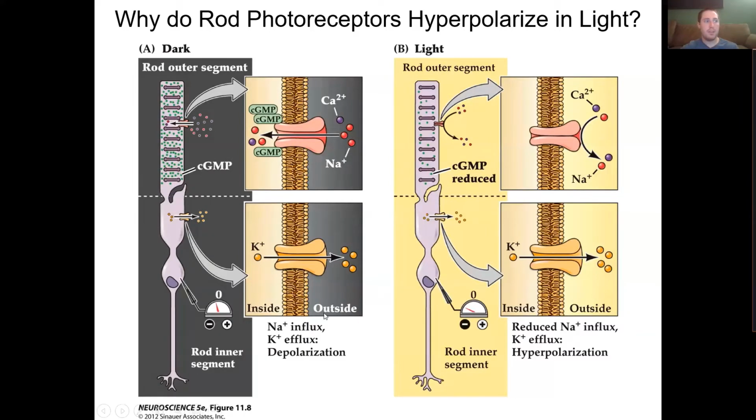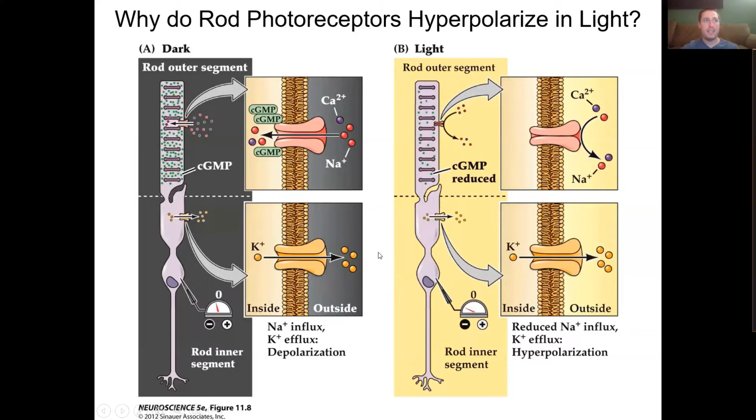At the same time, this wasn't in the previous slide, at the same time we have potassium channels. These are potassium leak channels that are just always leaking out potassium. So a positive ion leaving the cell is going to make the cell more negative, more hyperpolarized. And so these are both just open, and they're kind of counteracting each other. Positive comes in, positive goes out, and the cell ends up at some resting membrane potential.